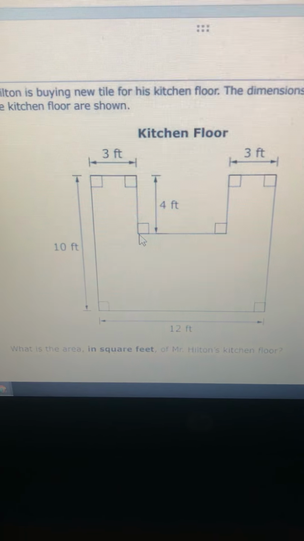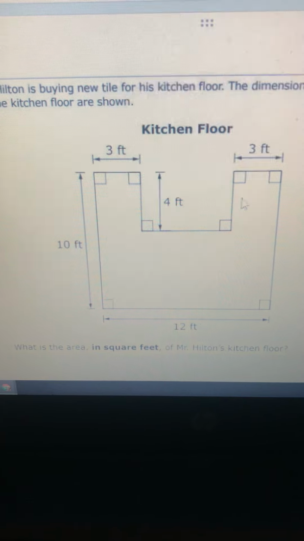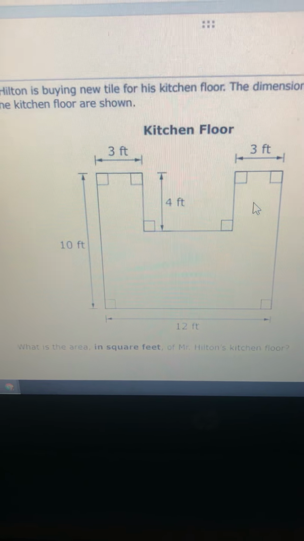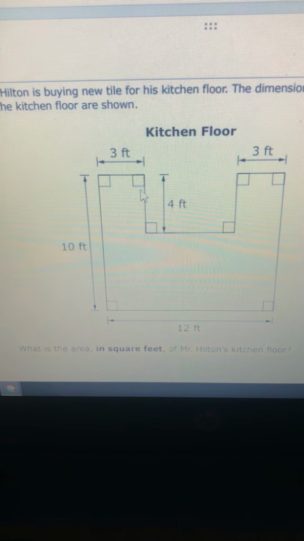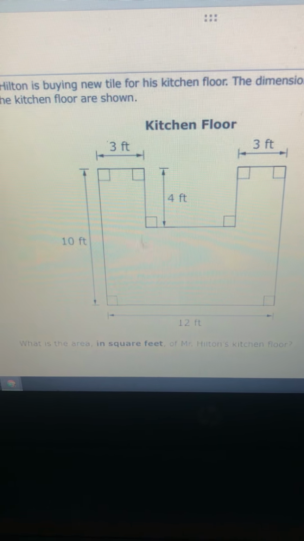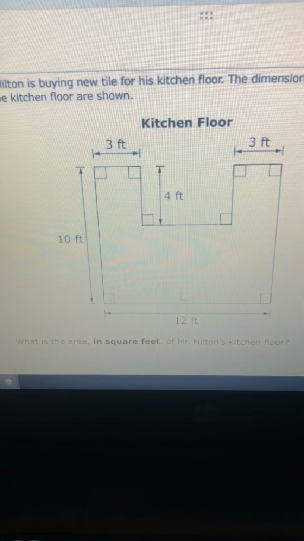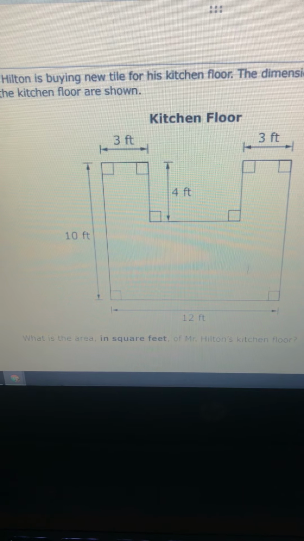You could simply chop this down, and that'll be 30, and that'll be 30, and that gives you 60. And then you have to think about, well, what is this other part in the middle? Because if we did a rectangle here and a rectangle here, we still have to do this square part right here.